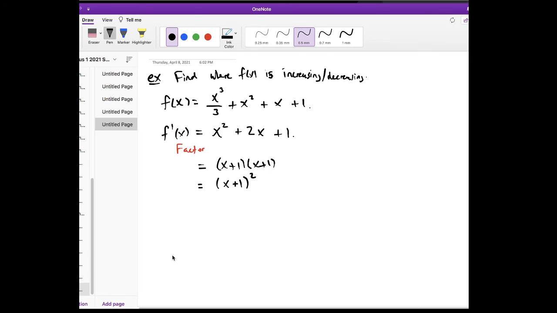Is f prime ever decreasing? We know when f prime is negative, it's decreasing. But this is always positive, or 0. Except, where is it 0?